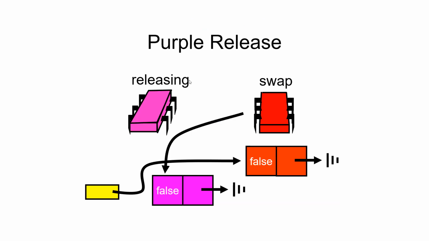Now, if a thread completes its critical section and wants to release the lock, how do we release it? In this case, purple wants to release the lock.